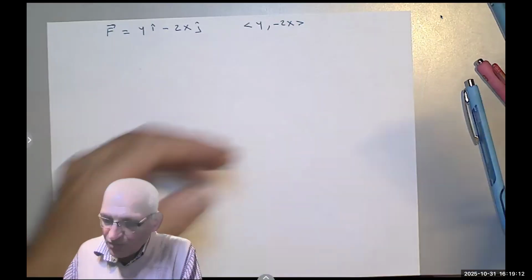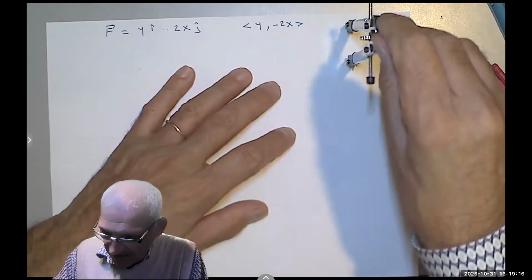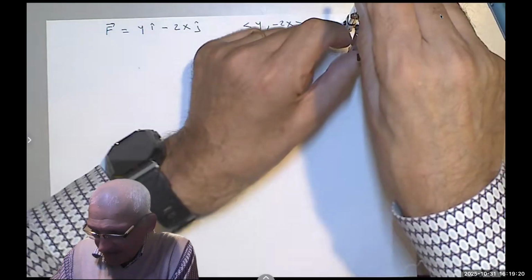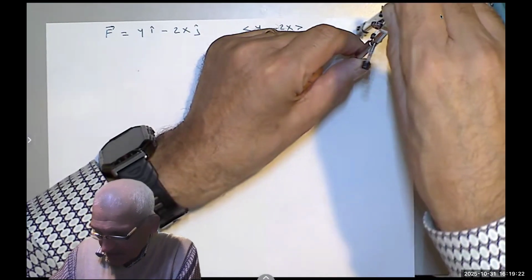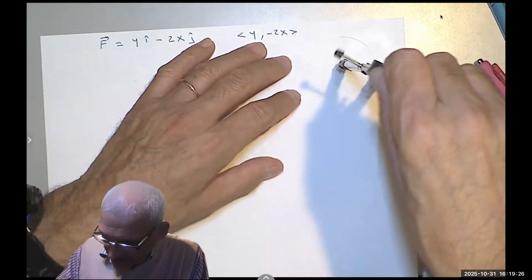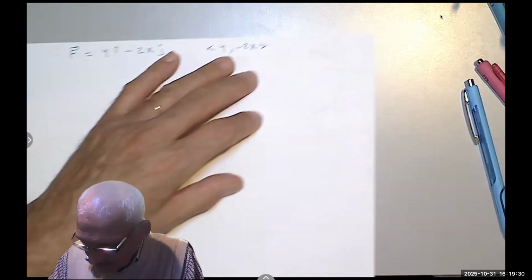our particle is moving along a circle. In fact, it starts from a point and it goes clockwise along a circle until it reaches the bottom here. So it's half a circle, semicircle.